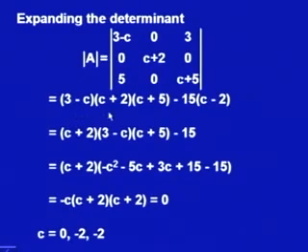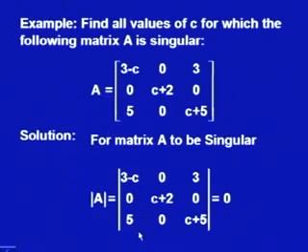So it is 3 minus C into C plus 2 into C plus 5, minus 0 into 3 times 5, that is 3 into C plus 2 times 5, and to simplify it, it comes out to be minus C plus 2 into C plus 2 is equal to 0, and that simply means either C is equal to 0 or C is equal to minus 2. So for these values of C, the matrix A is singular.